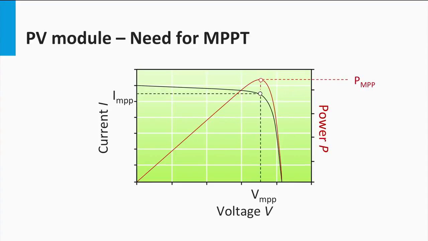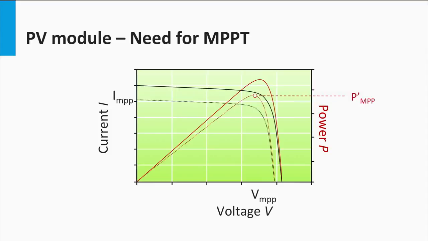But what if, after forcing the PV module to operate at maximum power point, the ambient conditions like irradiance or temperature change and in turn cause the IV and PV curve to change as well? This would mean that the old MPP is no longer valid under these conditions.